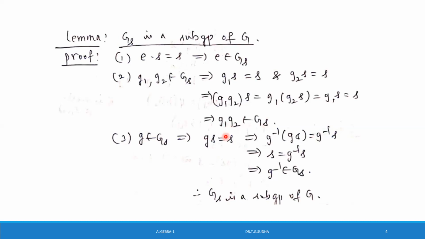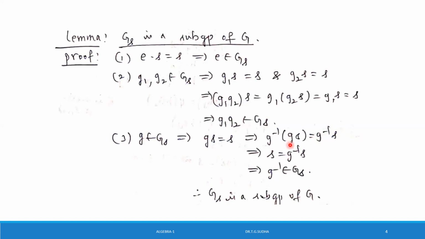Now, for every element g belonging to G_s, that is the stabilizer of s, let us show that it has an inverse in G_s. So, gs is equal to s. Let us operate with g inverse on both sides from the left side. So you get g inverse of gs is equal to g inverse s.